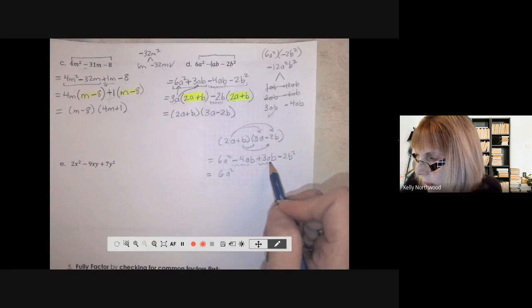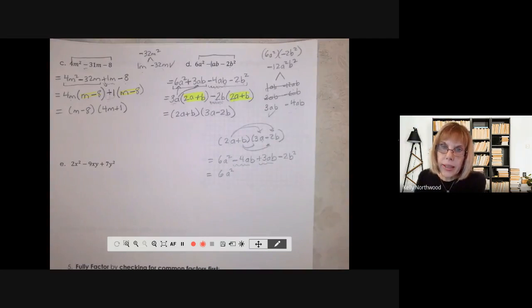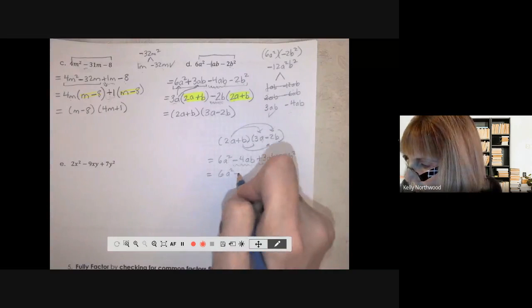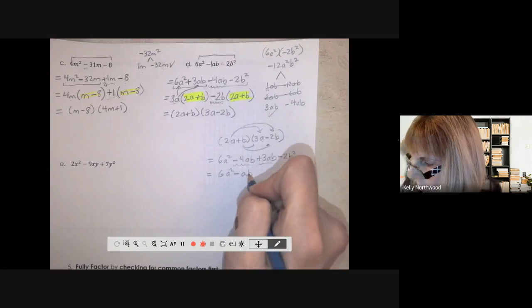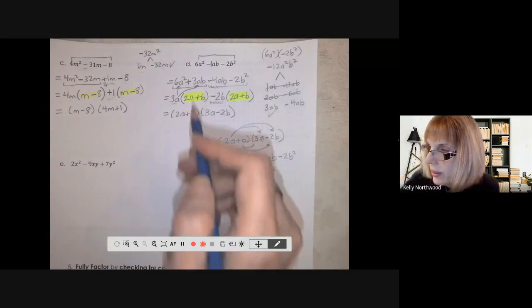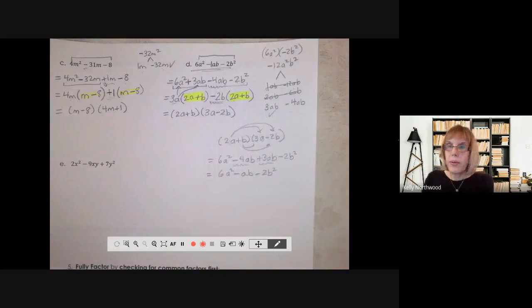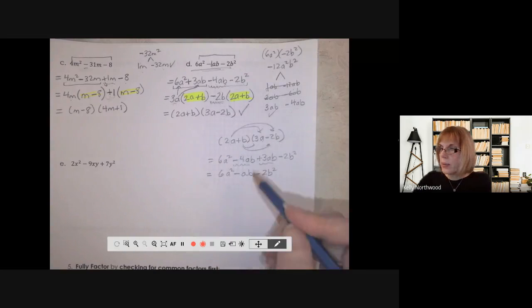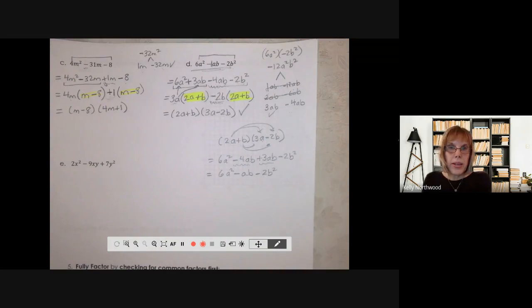Collect these terms because they both end in ab. Negative 4ab plus 3ab is just negative 1ab, or negative ab, minus 2b squared. And that's what we started with. So we know that this is correct. So anytime you're unsure, expand and use FOIL, and you'll be able to see whether you factored it correctly or not. Okay.